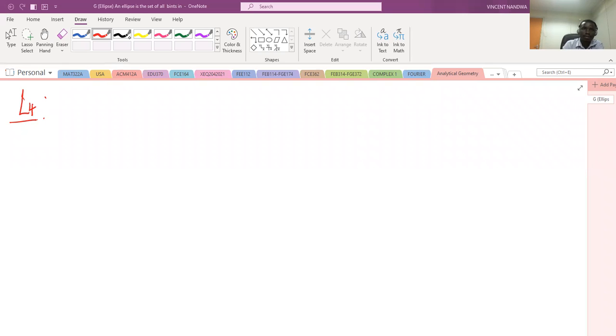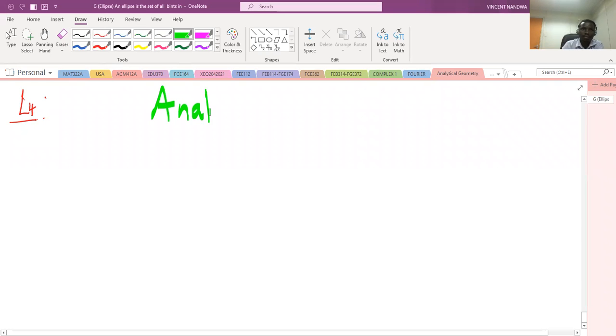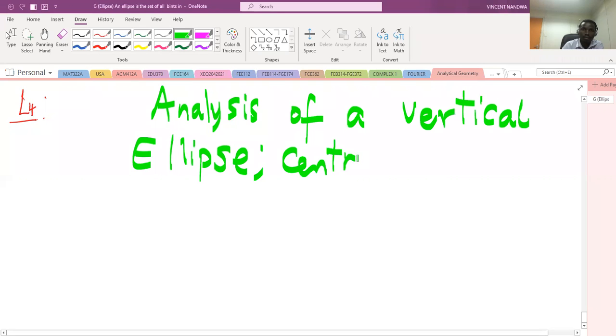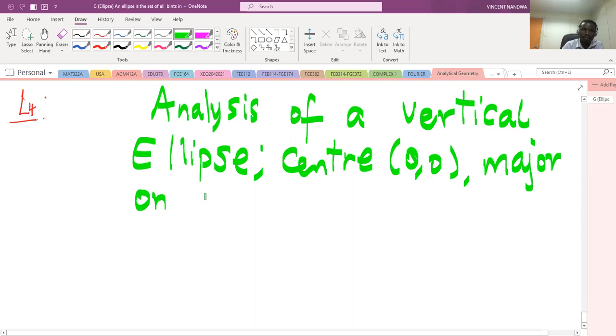So, analysis of a vertical ellipse. We refer to an ellipse whose center is the origin, with major axis on the y-axis.